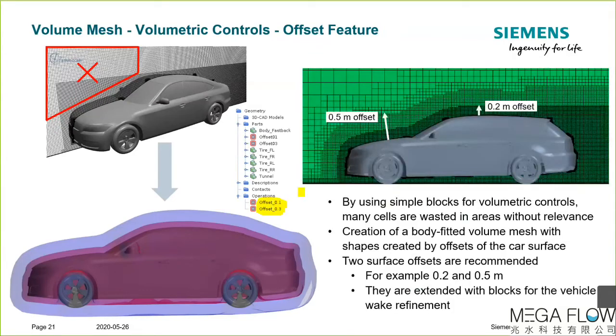So what I normally do is what you can see on the left-hand side. I just create 2 offsets, 20 centimeters and 50 centimeters, and you can create a sort of body-fitted mesh. So you can see here above the bonnet, very nicely meshed. Of course, you can control the transition and so on, the speed of transition. But you can see here, we are not wasting cells. So that's actually pretty nice, and I highly recommend to use that.